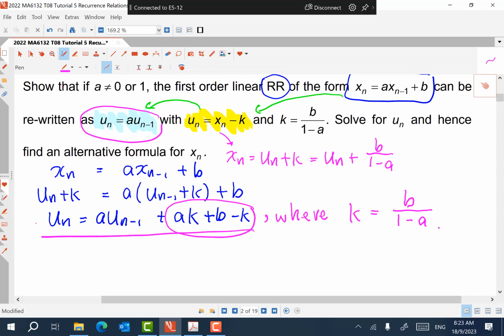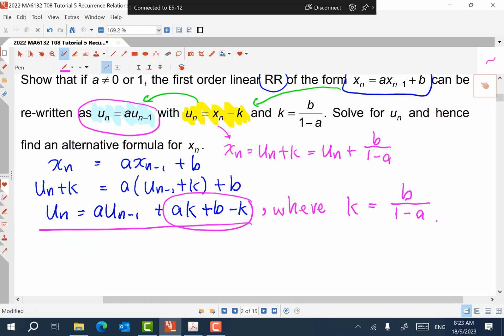Okay, now is Vishwa. Vishwa, how do you think we will find un? Joshua, please. Oh, not Joshua, Vishwa. You start with this line. And very quickly, Vishwa recognizes that this expression is simply the what?